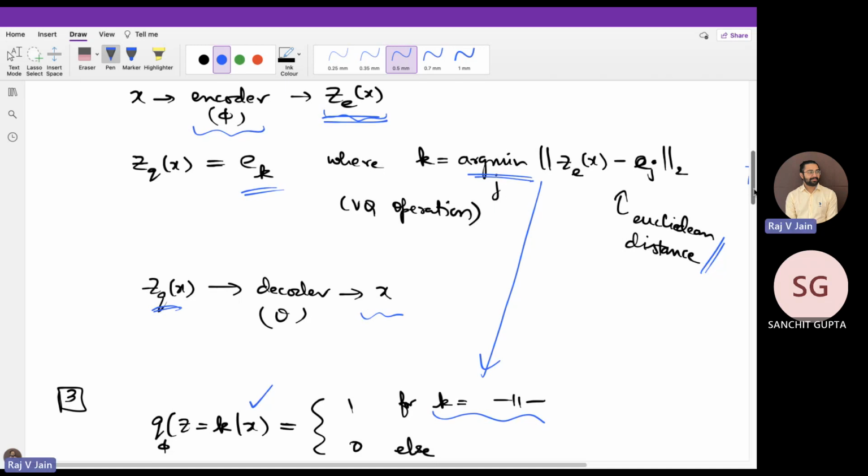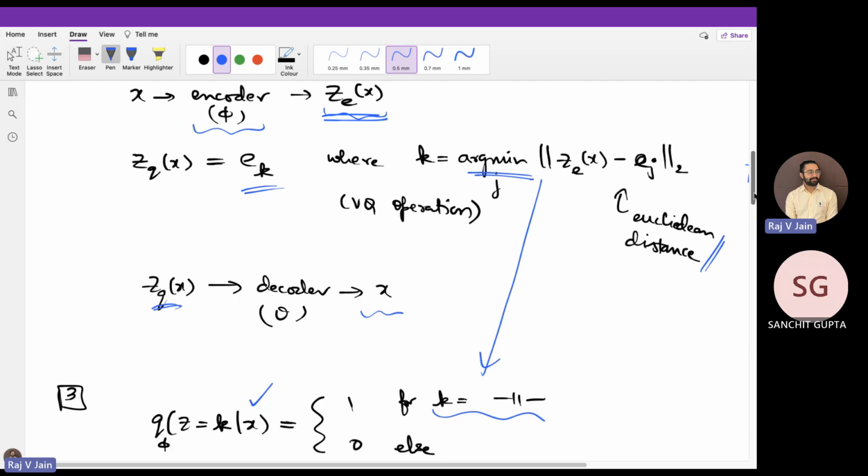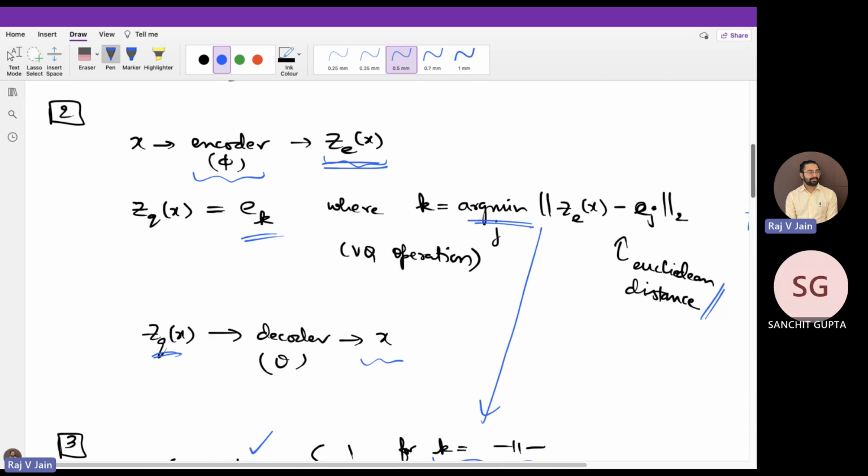So how will you update the parameter phi? Previously we had an issue of how to update the encoder, and we used the reparameterization trick, where we put the random part in something else and the derivative part in something else, and we could pass the gradients very nicely. So now what to do? That's the question.